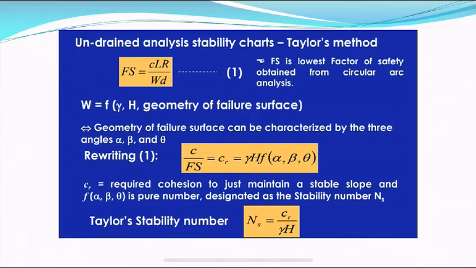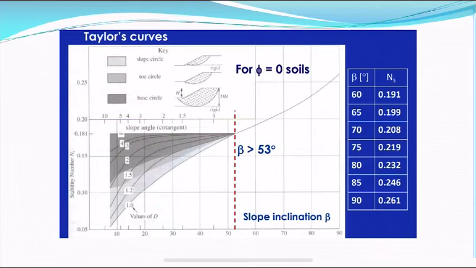Based on that deliberation, Taylor has given the Taylor stability charts, popularly known as Taylor's curves, where on the x-axis we have the slope inclination, ranging from 0 degrees to 90 degrees, and on the y-axis the stability number, N suffix S equal to C by gamma H. It can be seen that for beta less than 53 degrees, it depends upon D, since the failure surface is assumed to pass below the base.